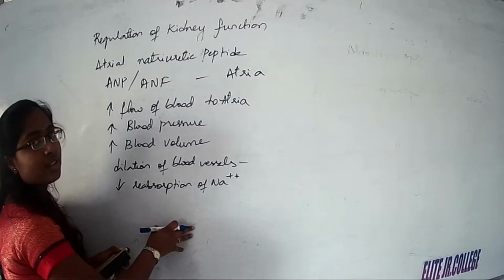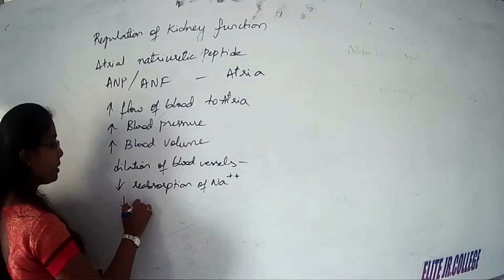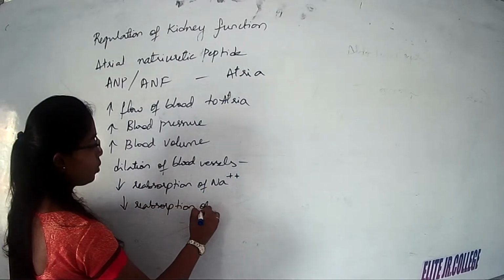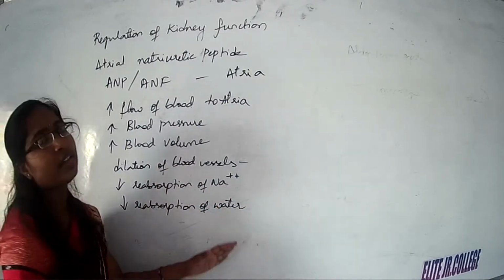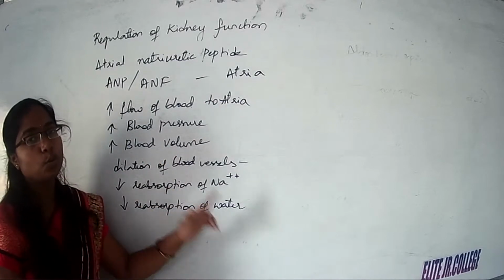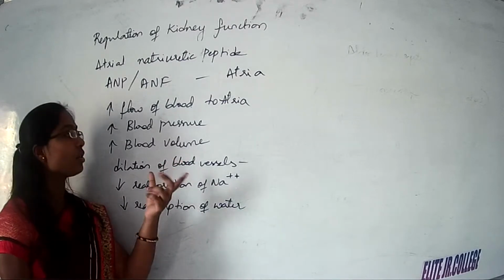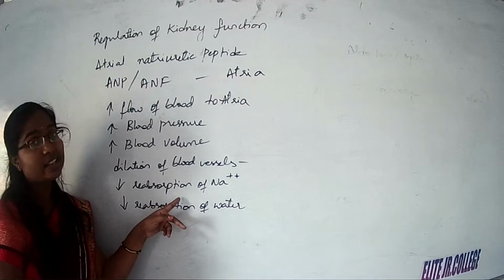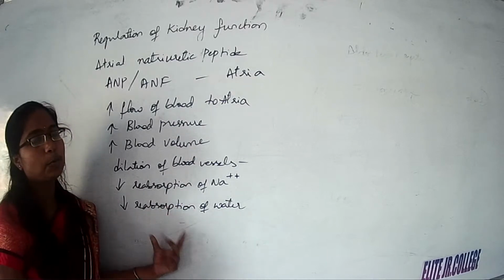Whenever there is a decrease in the reabsorption of sodium from the renal tubules, obviously there is a decrease in the reabsorption of water also. So atrial natriuretic factor causes dilation of the blood vessels and decreased reabsorption of sodium, which ultimately causes decreased reabsorption of water.